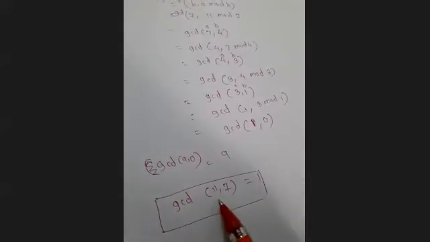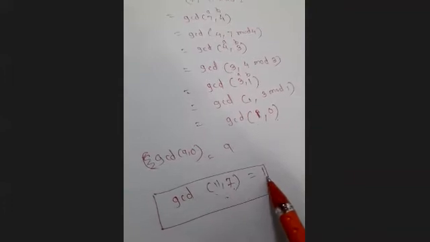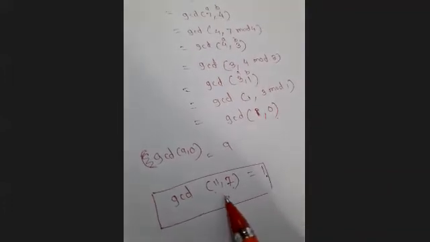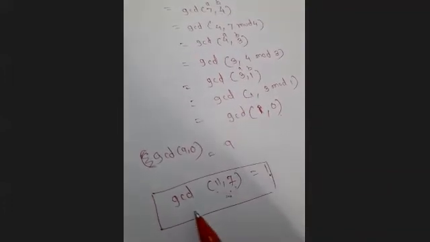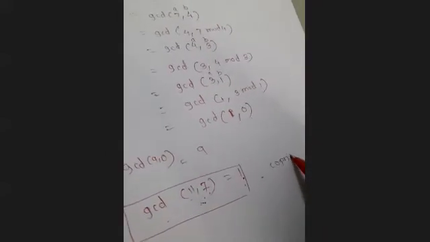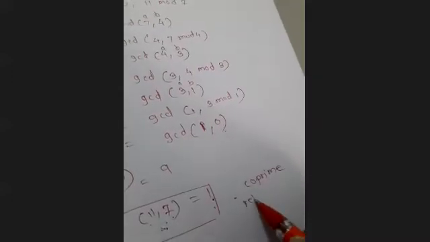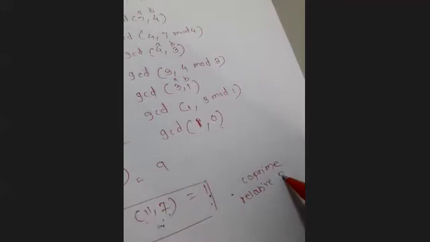Whenever the GCD of two integers is 1, they are called co-prime numbers, also called relatively prime numbers.